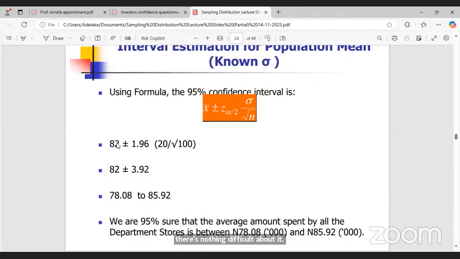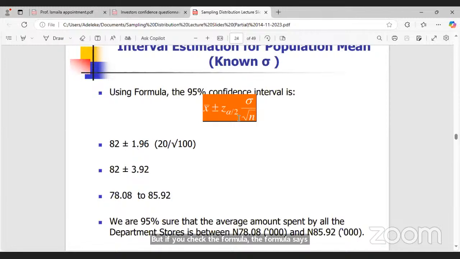So the next is, how do you check the value to get 1.96? Now, the probability is given. 95%. 95% is the same as 0.05 as the level of significance. But if you check, the formula says Z alpha over 2.